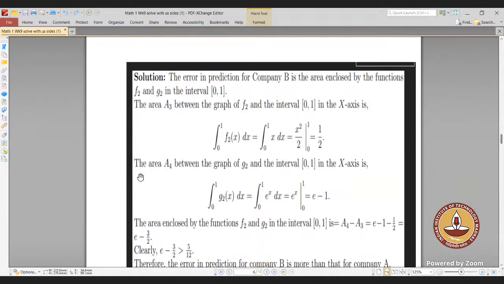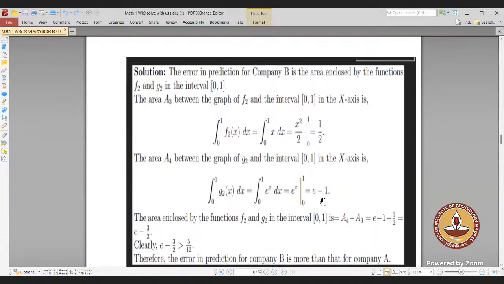Similarly, we'll calculate the area A4 between the graph of g2 and the x-axis in the interval 0 to 1. We'll get the integral of g2 of x dx in the interval 0 to 1. Again g2 of x is e power x, and the integral of e power x is e power x. So in the interval 0 to 1, we'll get e power 1 minus e power 0, which is e minus 1.